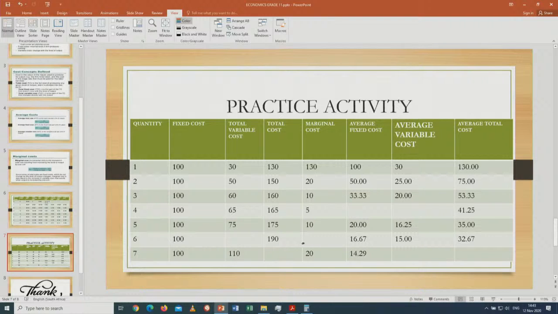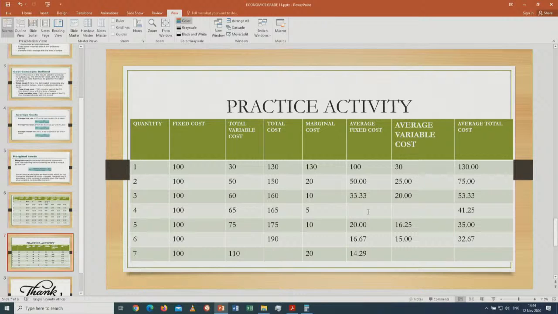Right. And then where do we again have a blank space? We have a blank space here at the average fixed cost. And then we have the average total cost. But now I think we don't have two things here.